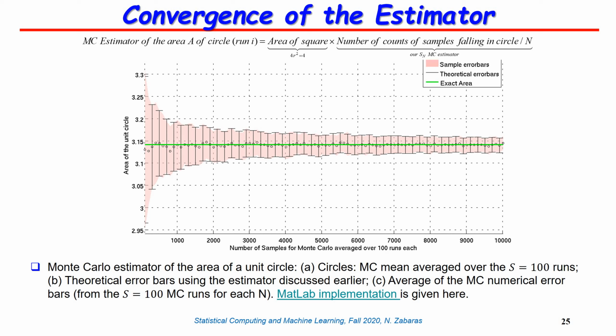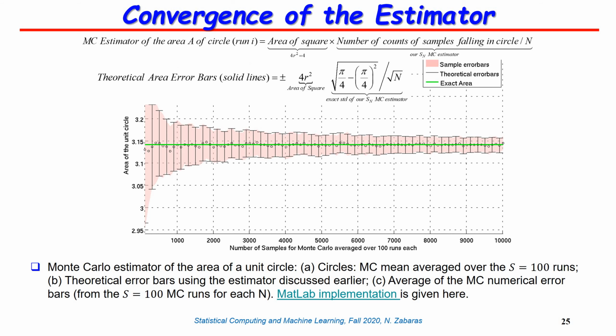I am not going to go into any details here, but let me point out that you can compute the true error of the estimator, because we know the variance of V to be pi over 4 minus pi over 4 squared.